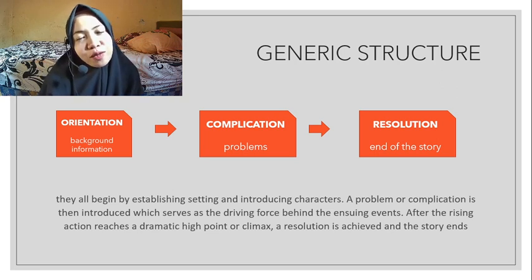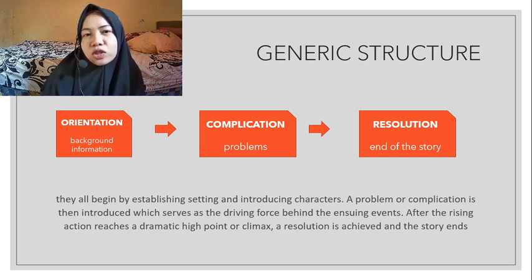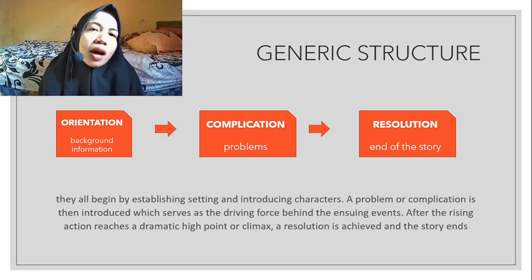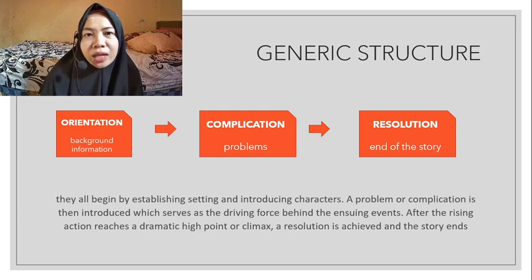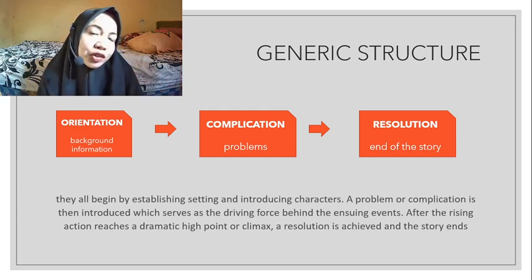Okay, so that's all for today about the types and also generic structures of short story. Next is about the identification of generic structures of short story that you will read after this section.